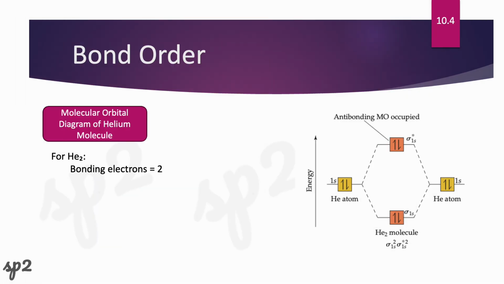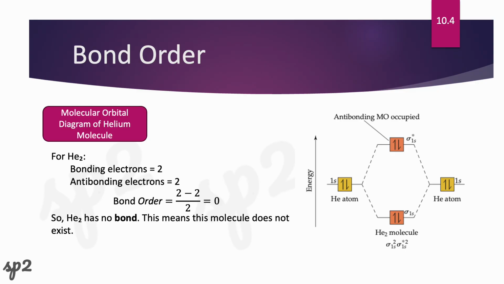So helium has 2 bonding electrons, but we also have 2 anti-bonding, right? So if you take the difference, it would be 2 minus 2, which is 0. So 0 over 2 is 0. Okay, so think about it for a moment. If the bond order is 0, that means the molecule does not exist, right?